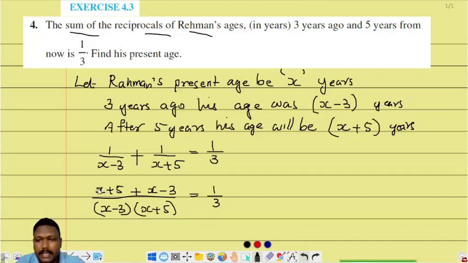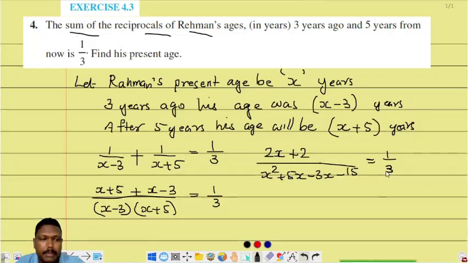Here we have x and here also x, so x plus x will be 2x, and plus 5 minus 3 will be plus 2. Opening the bracket, you get x square plus 5x minus 3x minus 15, equal to 1 divided by 3.